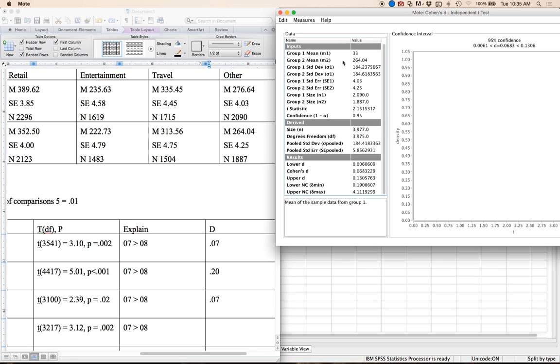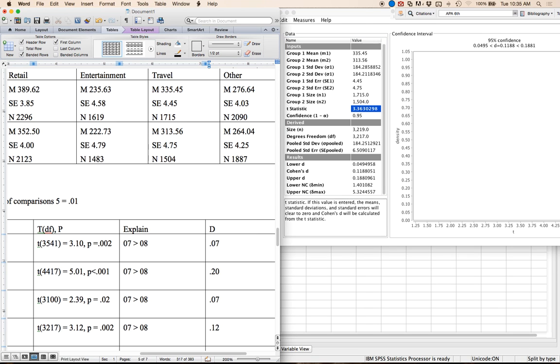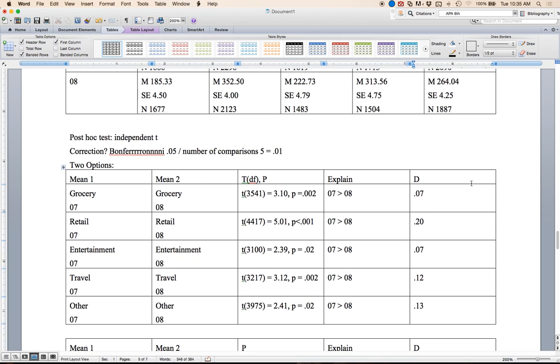So 335, 0.45, 313.56. And 1504. And then Cohen's D 0.12. There we go. So here's what the interaction is.